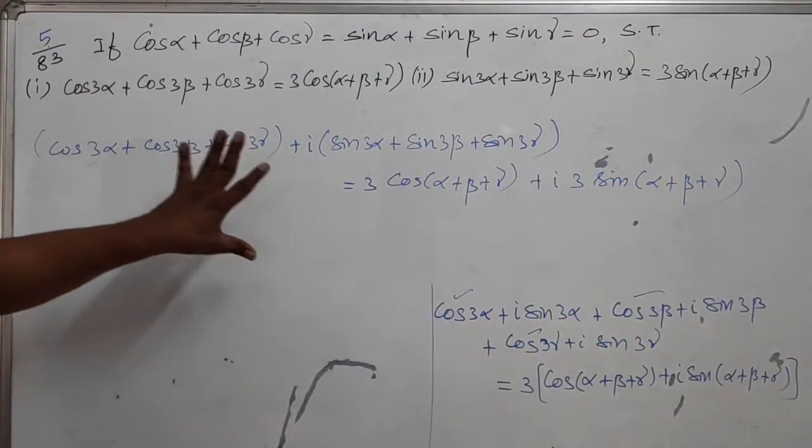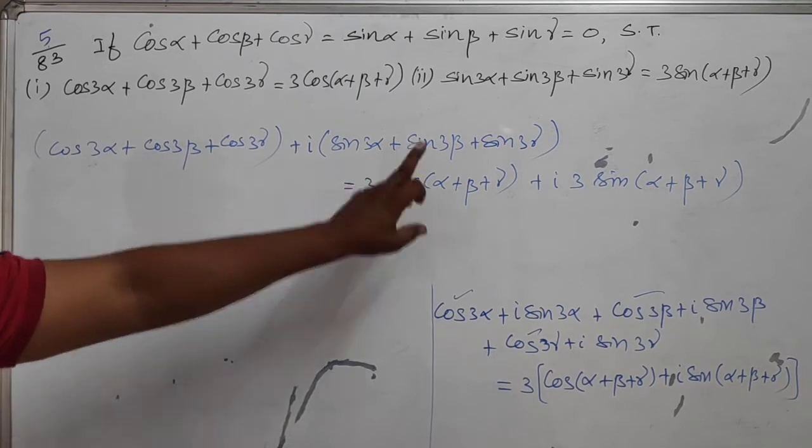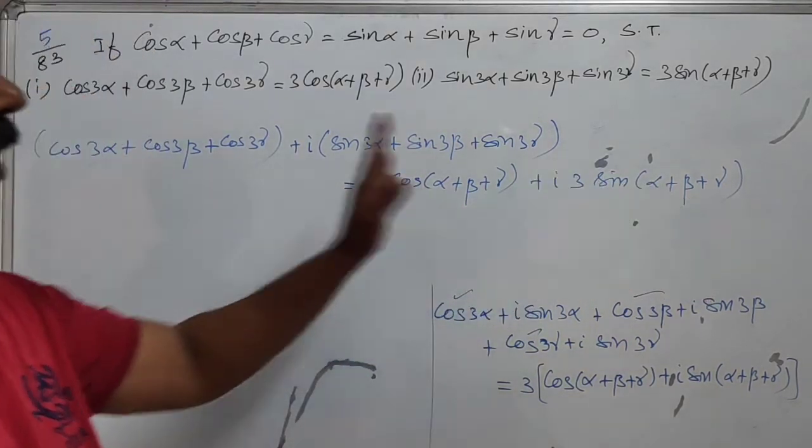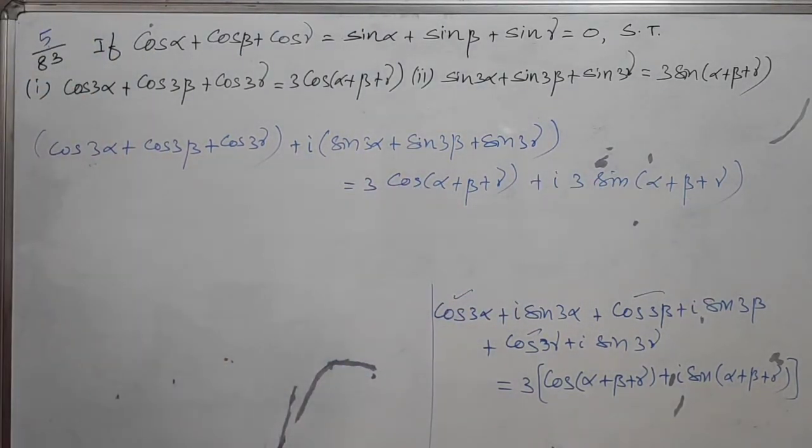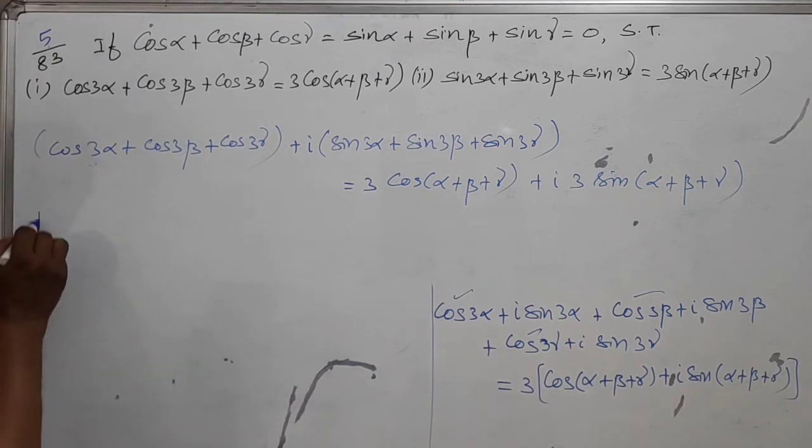Now the left hand side is also in rectangular form, and the right hand side is also in rectangular form. Therefore you can equate corresponding parts.